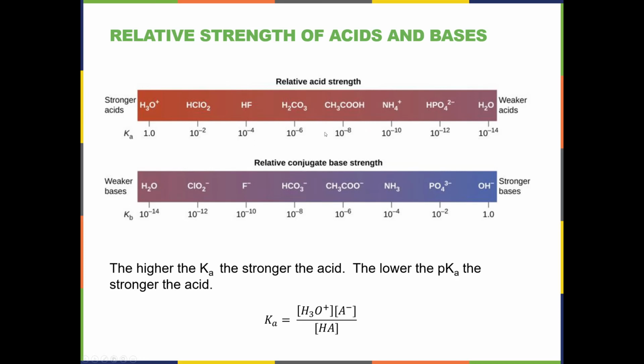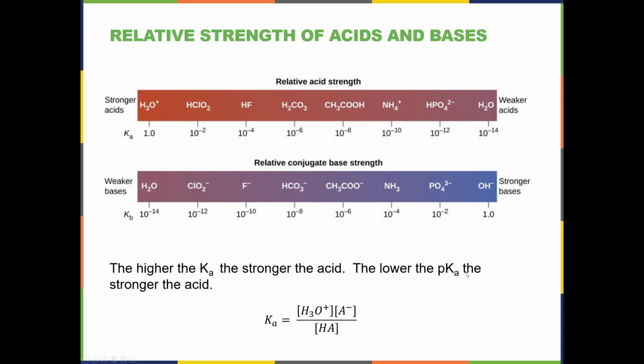Weaker still, acetic acid, 10 to the minus 8. And weaker even still, water, 10 to the minus 14. So you could see here, as the Ka becomes smaller and smaller values, the strength of the acid is going down. Said another way, the higher the Ka, the stronger the acid.